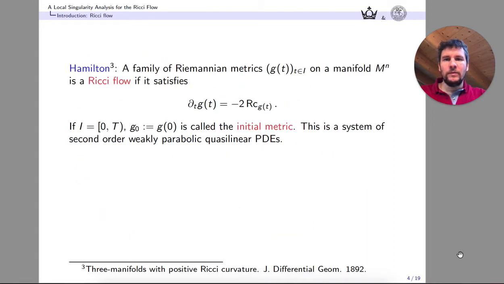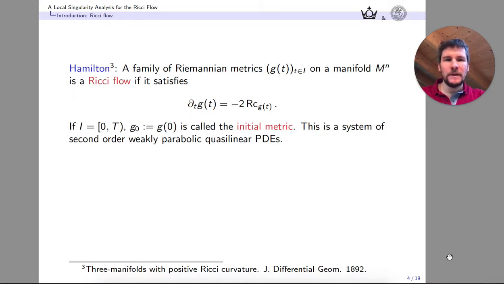Now what can we do with that? In 1982 (the slide says 1892, a little typo there), Hamilton introduced the Ricci flow equation, which says that we have a Riemannian metric on a manifold, and this metric evolves in time, where the time derivative of the metric is minus 2 times the Ricci tensor.